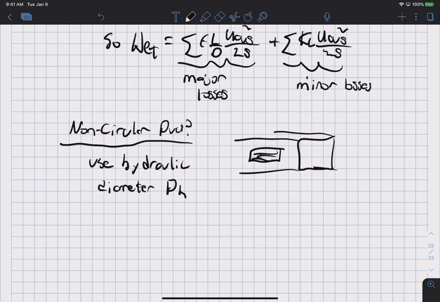Okay, and the hydraulic diameter D_H equals 4 times the area over the wetted perimeter.